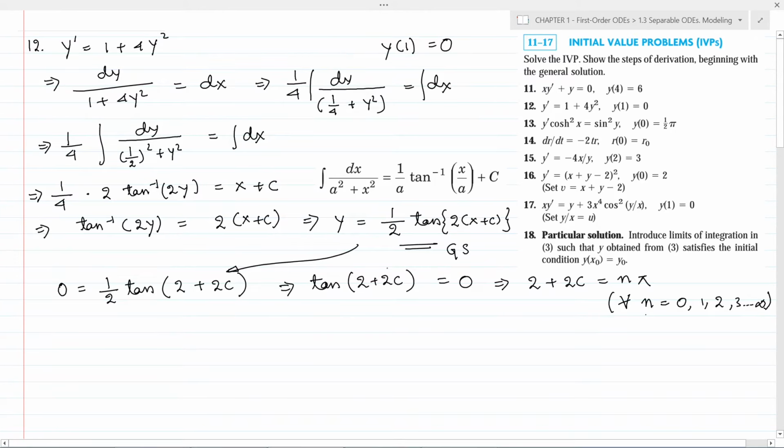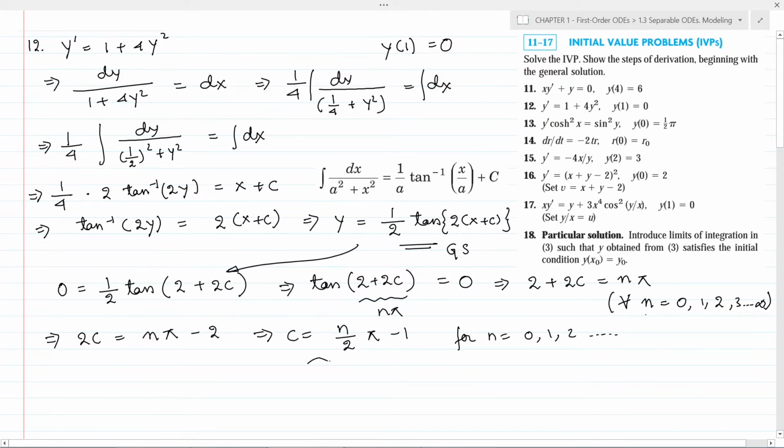Because we know that if we substitute this as n pi with n value starting from 0 till infinity, then tan of n pi is equal to 0, and from there we can write 2c is equal to n pi minus 2, or c is equal to (n/2) pi minus 1 for n is equal to 0, 1, 2 and so on.